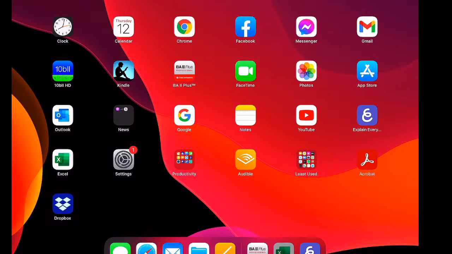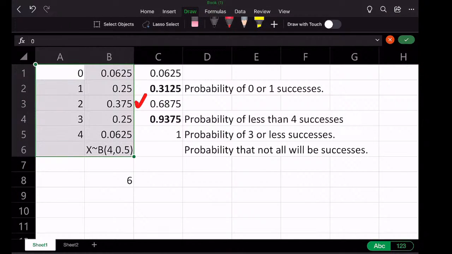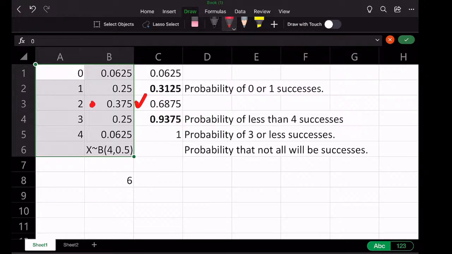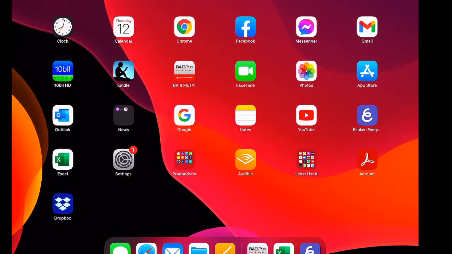So from our Excel spreadsheet, we would want to calculate this one, this one, and this one, and we would add them together. So let's calculate them for practice, so we're good at applying the formula.